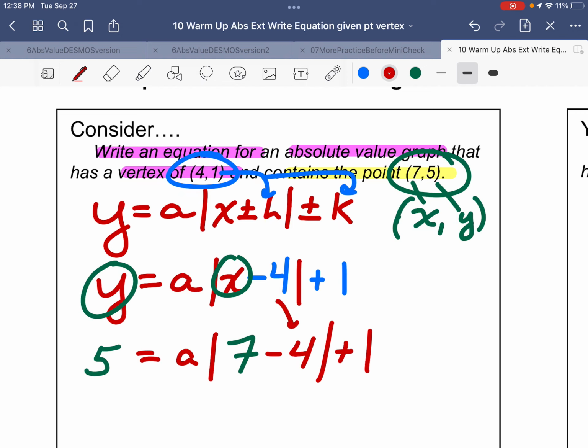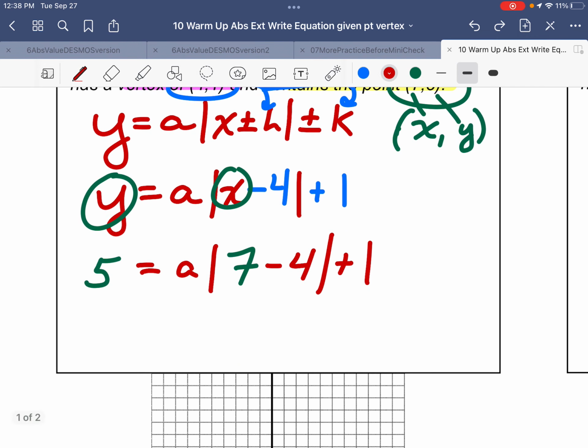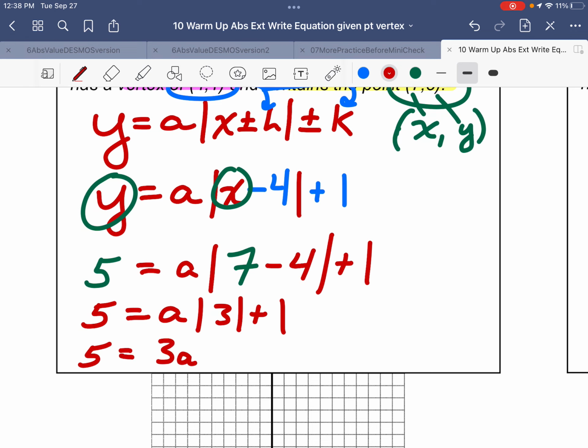By the way, notice that I still have my -4 and my +1. Those are still parts of this equation. But now I have an equation that I can solve for a. Just need to do a little simplifying, right? Now, it turns out that the absolute value of 3 is still 3.